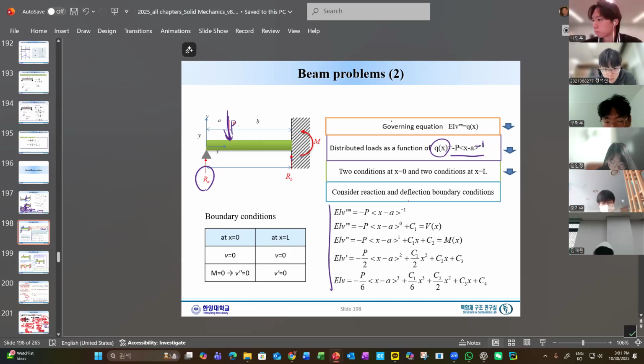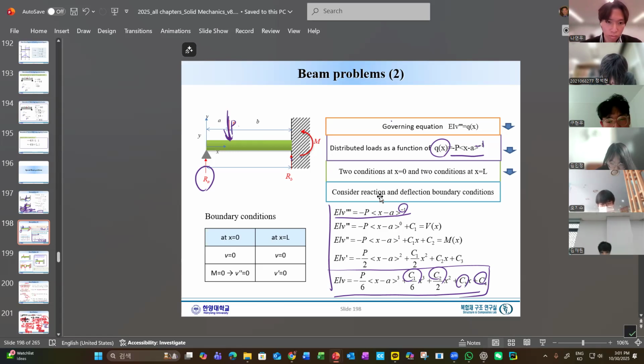Just starting here and then following these definitions of the singularity function, this is the final. And these C1, 2, 3, 4 can be solved from these four boundary conditions. Okay.